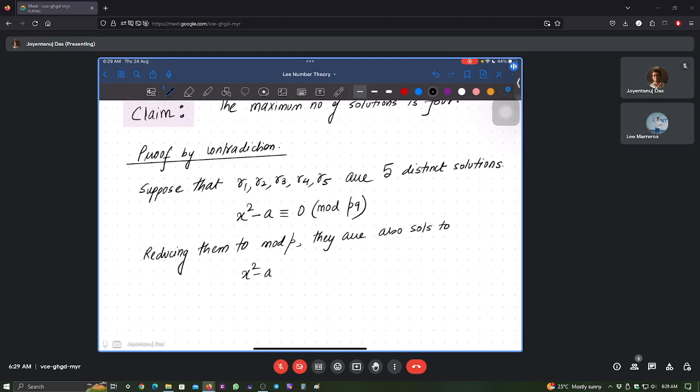So reducing them to modulo p, they are also solutions to x square minus a is congruent to 0 mod p, right? Is this clear? Yeah.